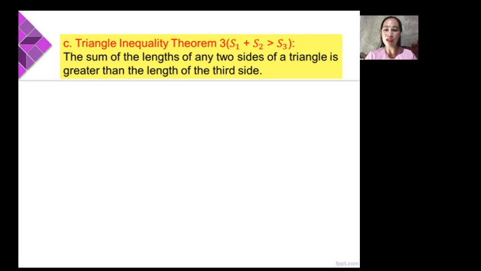Okay? Next theorem, we have triangle inequality theorem 3. It says that the sum of the lengths of any two sides of a triangle is greater than the length of the third side.